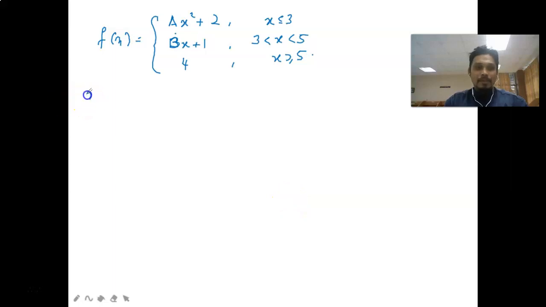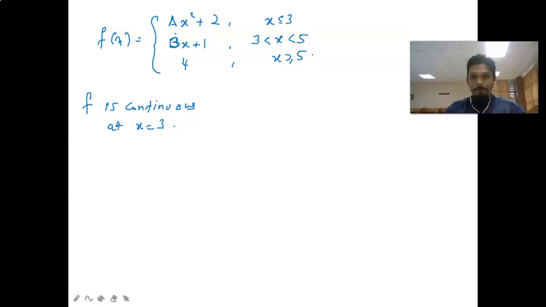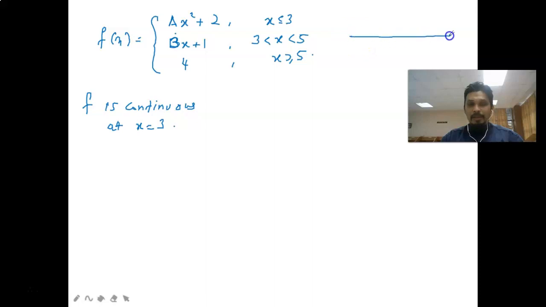First, f is continuous at x equal to 3. I rewrite the function again, with 3 and 5: the first piece is ax squared plus 2, this one is bx plus 1, and then equal to 4.